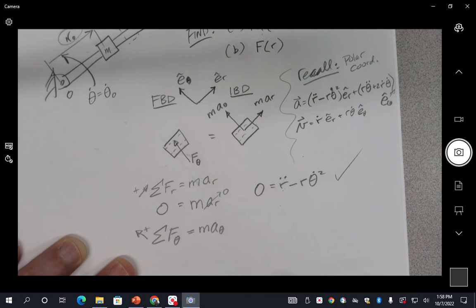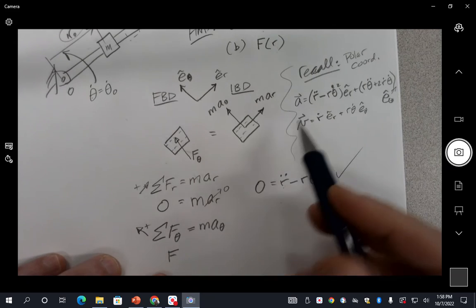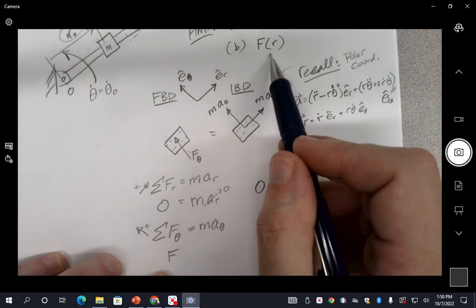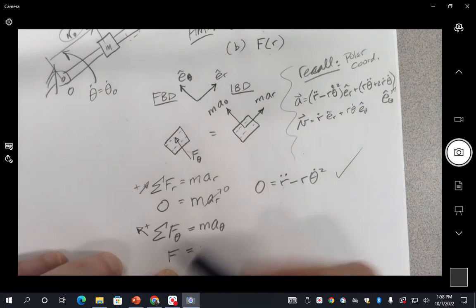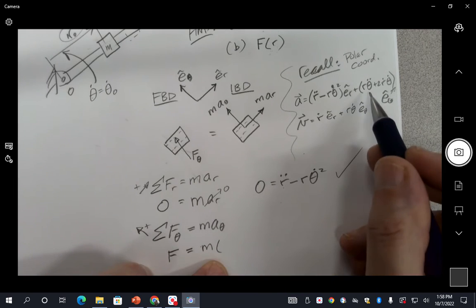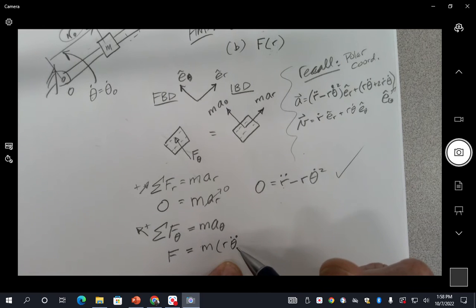All right. So we're going to say that our F, and this is actually the F that we want to get down here, by the way, is going to be equal to mass times, and then we know this can be R theta double dot plus 2 R dot theta dot.